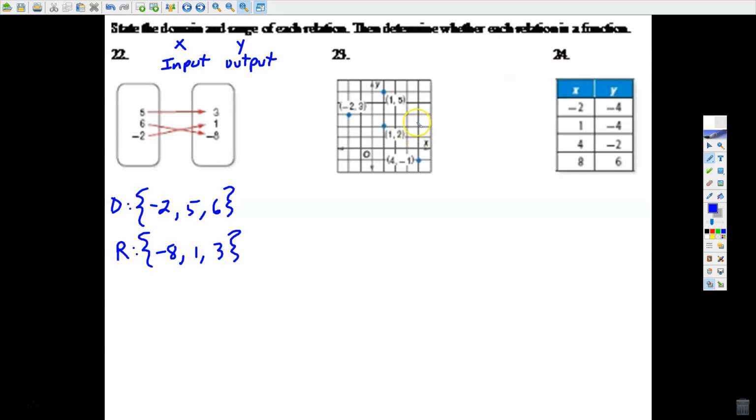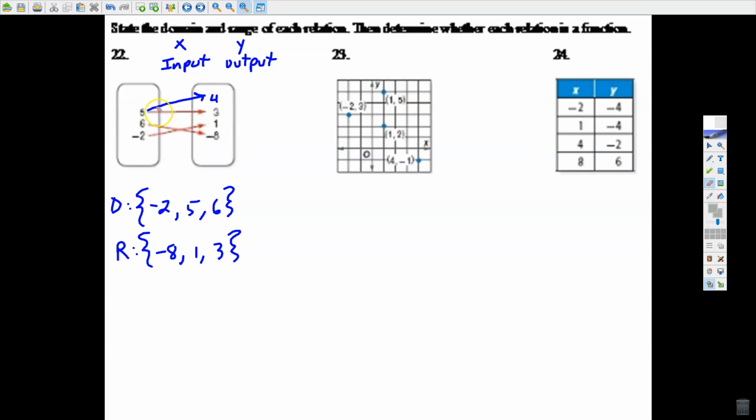And now determine whether each relation is a function. You're looking at the domain, and if you have a domain number that maps, this is called a mapping diagram. If a domain number is paired up with more than one range number, like if I had another 4 here, and the number 5 mapped not only to 3, but it also mapped to 4, then this would not be a function.